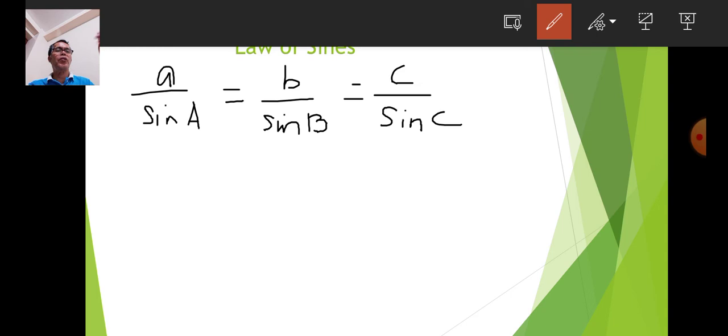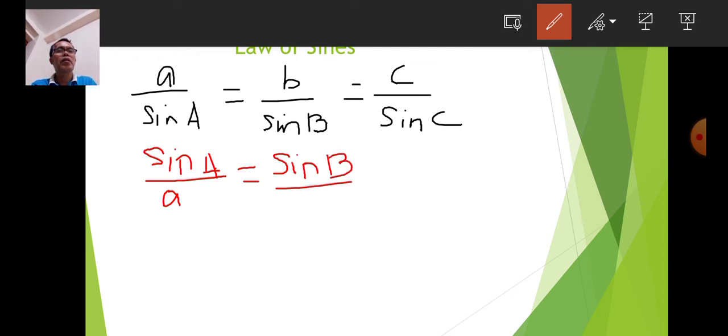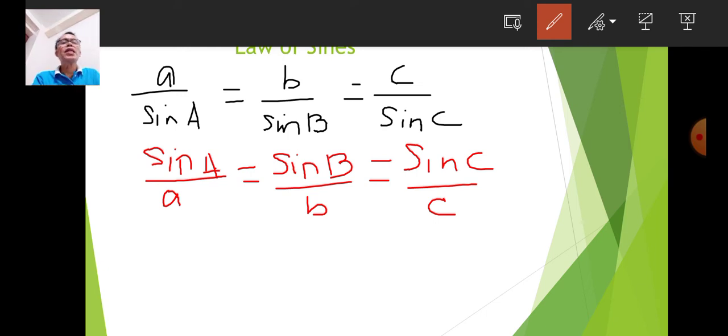But if you are told to find the missing angle, you are going to use the formula sine A over A must be equal to sine B over B must be equal to sine C over C. So these are the formulas in finding the sides or angles of a triangle which do not have a right angle, meaning the triangle is an oblique triangle.